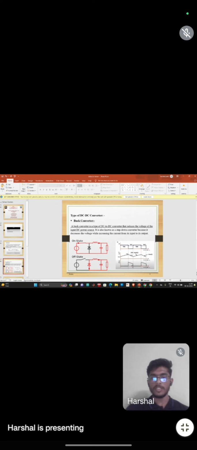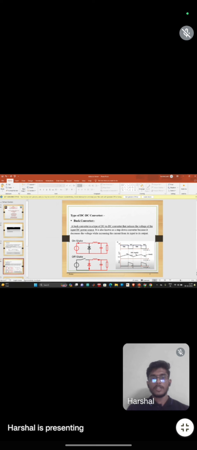As you can see in the waveform, when we provide a supply to the converter, the inductor starts to store energy, and at the same time the current across the diode is minimum. When there is an off condition, the inductor will release its energy across the diode and the current at the diode will be maximum. In this way it will work as a step down converter. It's used in electronics applications.